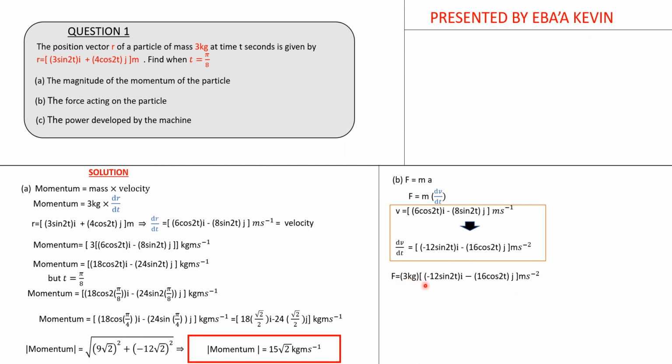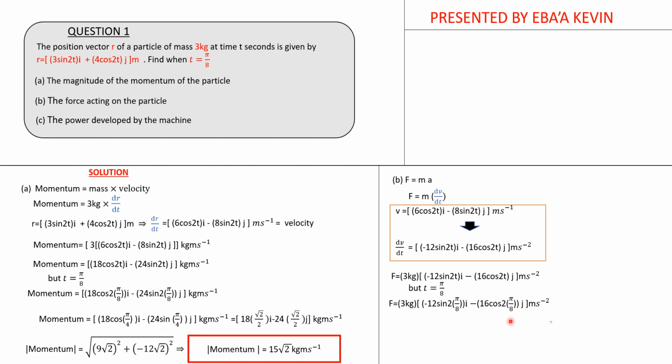Proceeding, knowing that t is equal to pi divided by 8, we are going to get the mass, which is 3 kilograms, times negative 12 sin 2 open bracket pi on 8, and similarly minus 16 cos 2 open bracket pi on 8.